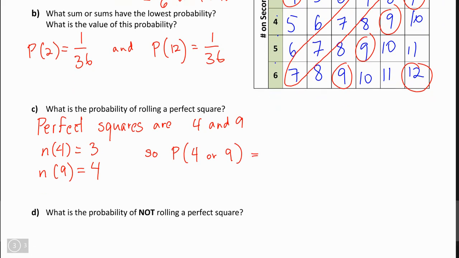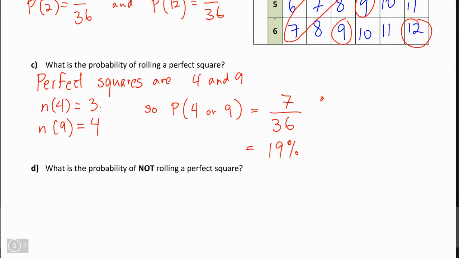If there are 3 possibilities to get 4 and 4 possibilities to get 9, together that makes 7. And there are 36 possible outcomes. So my probability is 7 over 36. If I convert that to a percentage, it's going to be 19%. So there's a 19% chance of rolling a perfect square.